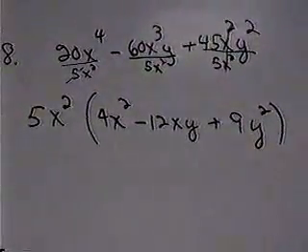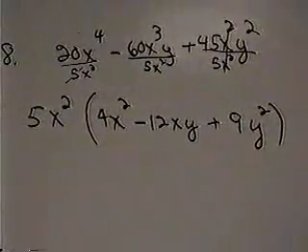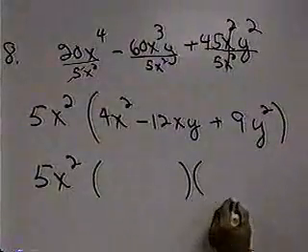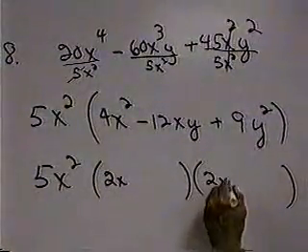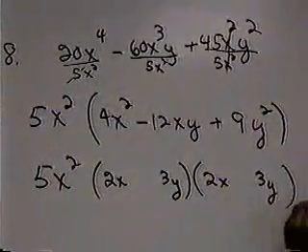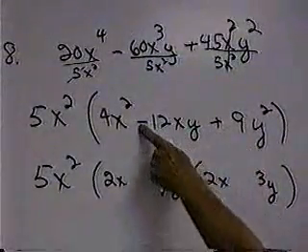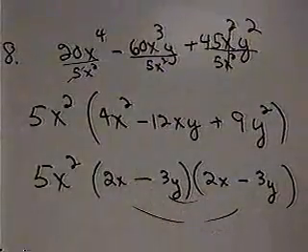So we did a common factor. Now what did I say a while ago? Look to see if you can factor it some more. So 5x squared, FOIL method. So we'll put 2x and 2x and 3y and 3y. Now if the last term is a plus, then the signs have to be the same. And then check to see, and it does.